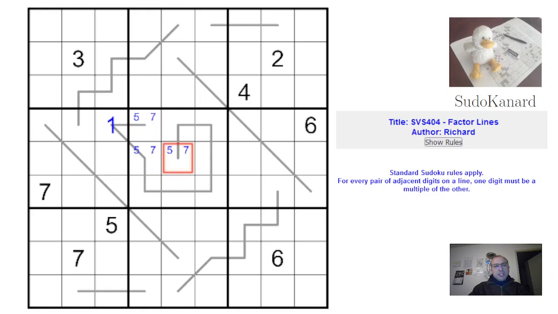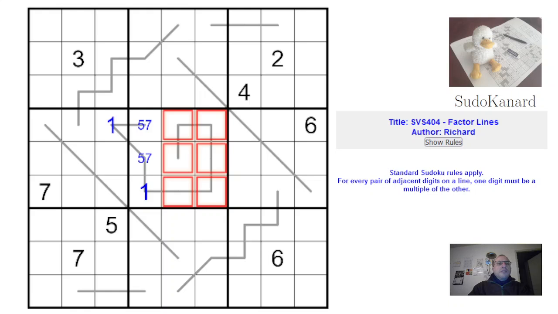This is another question. And actually, 5 or 7 here would force this to be a 1, which would be inappropriate. So 5 and 7 are both here, and this is 1. So that's for a start.